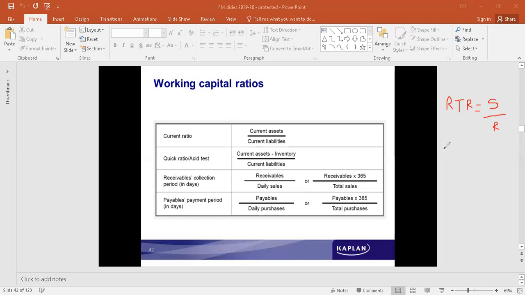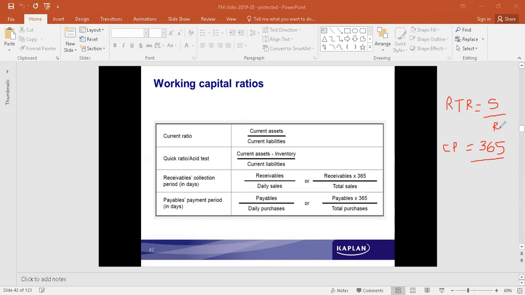Collection period is the number of days required to collect the amount. So we call this the collection period. Average collection period is equal to, in a year there are 365 days. Out of 365 days, how long is the amount held in receivables?